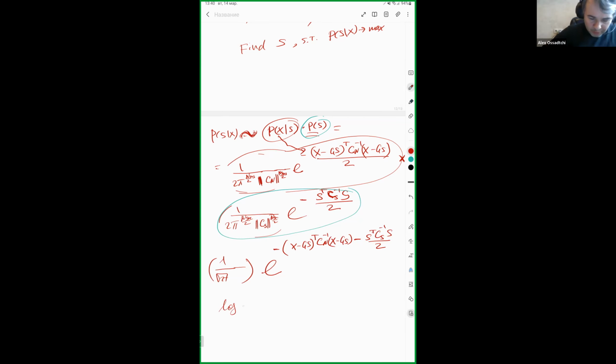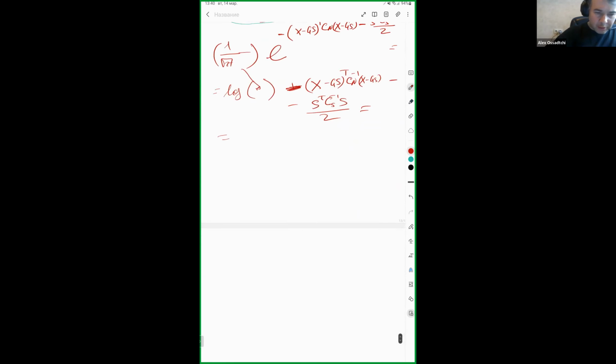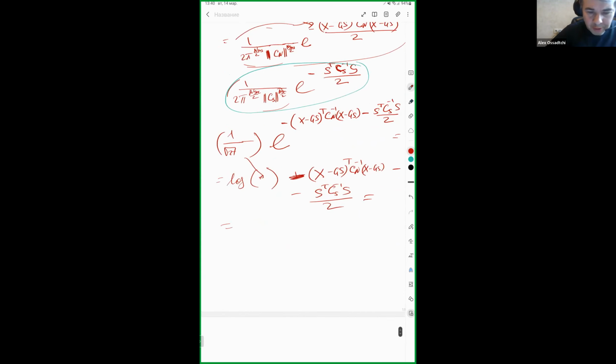If you take the log of this, you get the log of this crocodile, plus or minus X minus GS transpose Cn inverse X minus GS, minus S transpose Cs inverse S, divided by 2. And you want to maximize it.